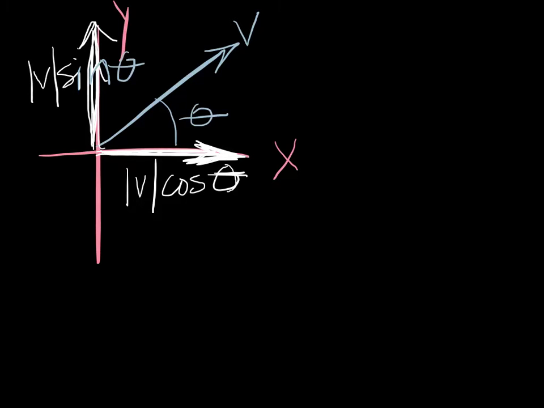Okay. This is called resolving the vector. If vector v has direction angle theta, the components of v can be computed using this formula, so I'm going to write it down. Vector v, which is bolded in your notes, can be split into components as follows.